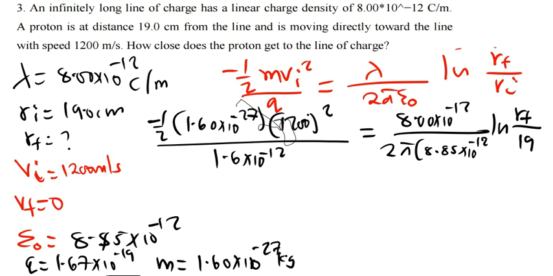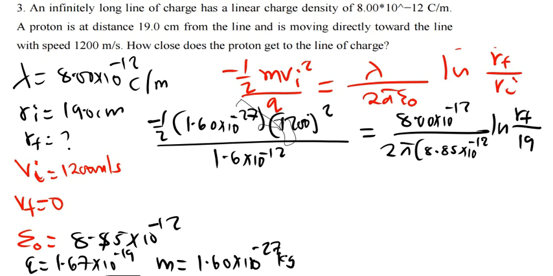So let's punch the calculator now for the top part here. Negative 1 over 2 is the same as negative 0.5, then times 1.60 exponent negative 27, which is the same as times 10 to the power negative 27, times 1200 squared. I divide this by 1.6 times 10 to the power 19. Okay, so what are we getting?